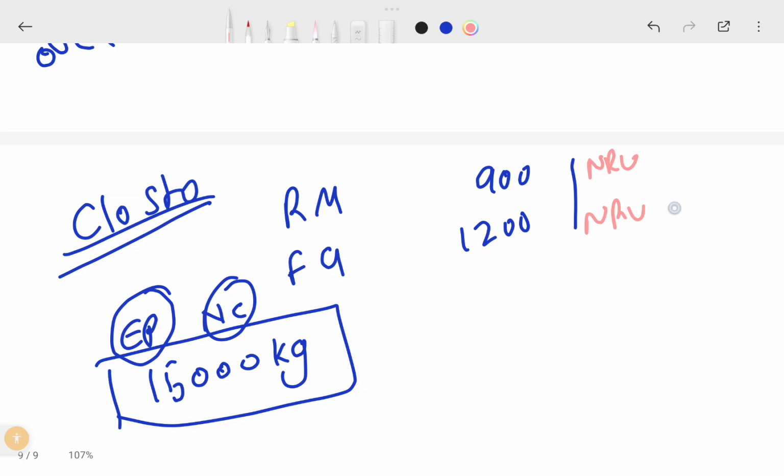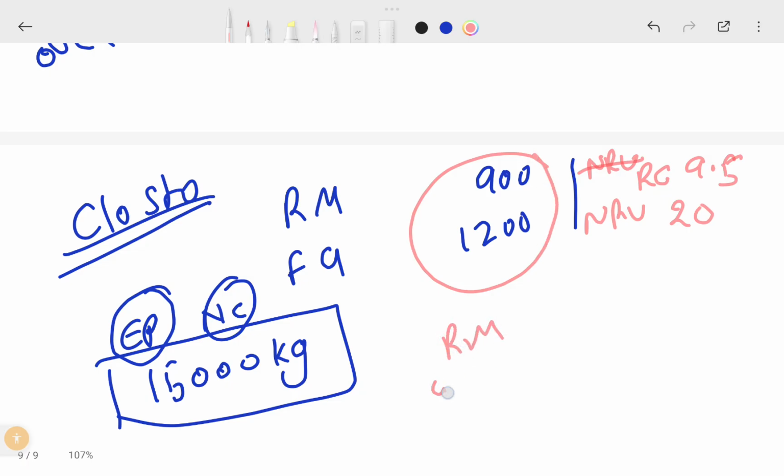Finished goods NRV is 20. In raw material, you know, right? We can't say NRV. It is the replacement cost. The replacement cost is 9.5. What they are asking: calculate the closing inventory value. For us the closing inventory is raw material, finished goods, and there is no work in progress as of now.